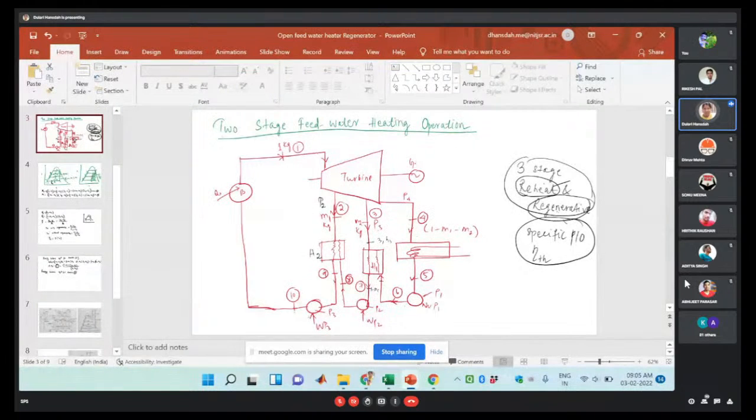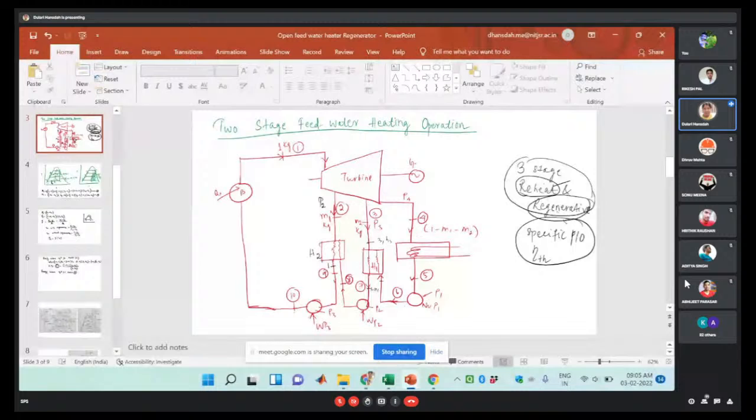Here this is the inlet and this is the outlet. 1 minus M1 amount of fluid will be pumped at point 8, which will enter heater 2. M1 amount of steam is bled from the turbine, which will be mixed with that one, and that will become 1 kg of feed water or condensate flowing out from this heater 2.